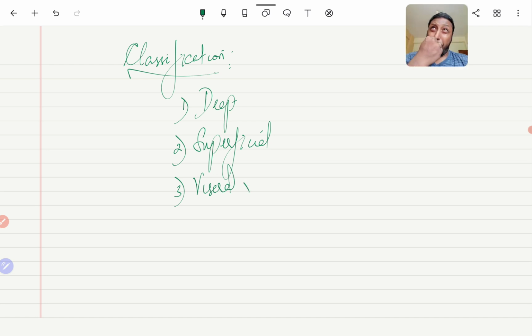So, deep tendon reflexes. Most commonly, deep reflex means deep tendon reflex. A beautiful example is the deep tendon reflex.